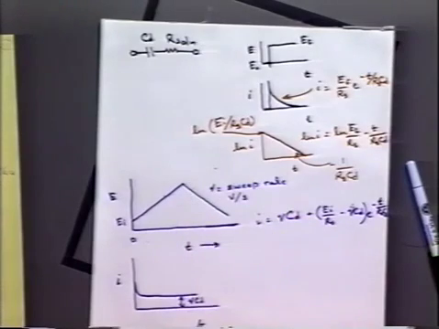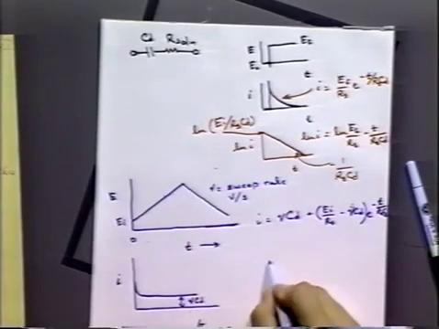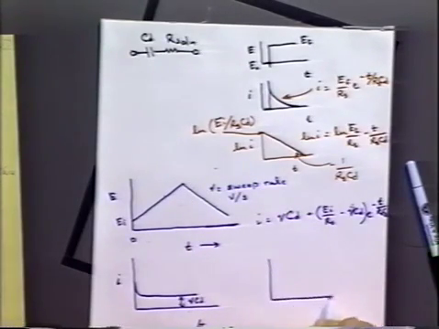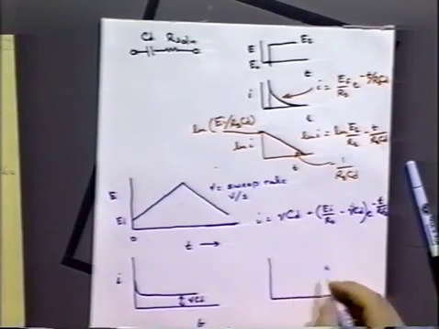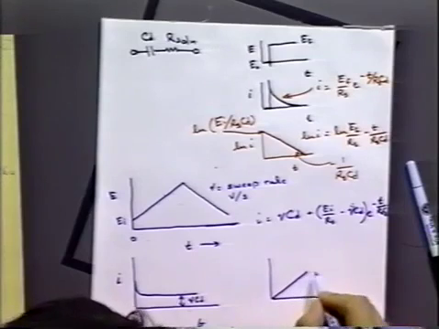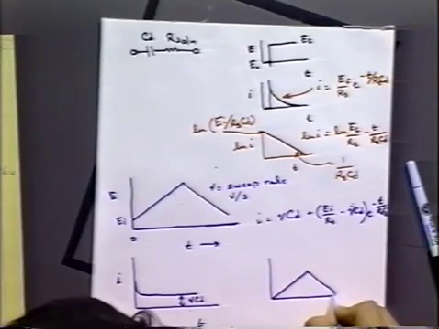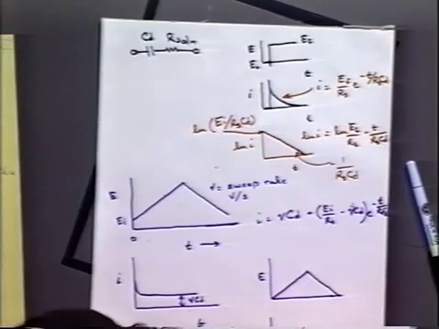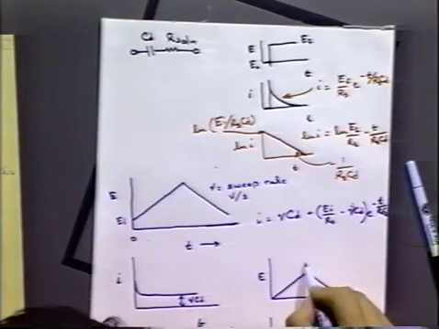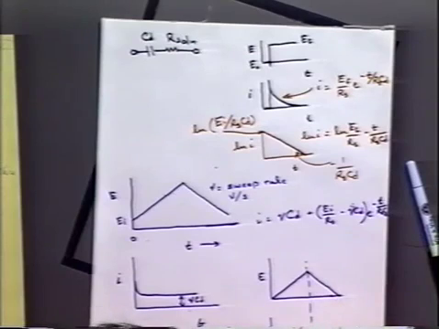Now, in fact, I've drawn that a little bit incorrectly. Let me draw this again, because what happens when we change the slope of our sweep? Let's change it so that instead of starting at some initial potential, we'll start at 0. That makes it a little bit easier. So here's our E. What happens to our i? Well, right at this potential, notice that the slope of our potential change has shifted to be negative. So again, i versus t.